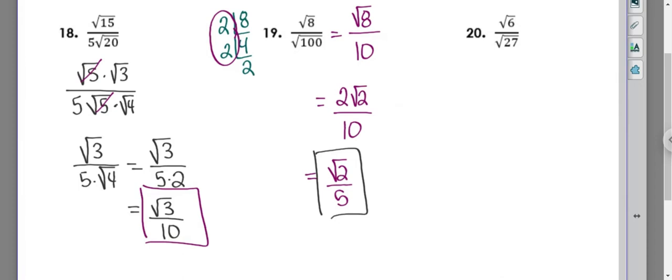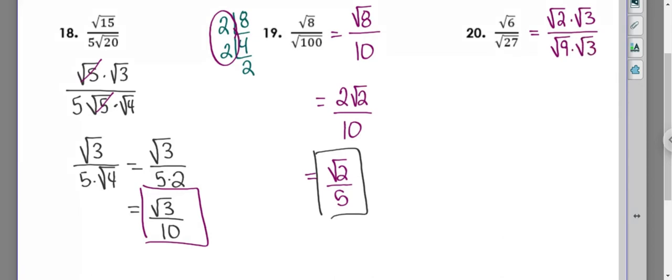All right, so looking at number 20, I have the square root of 6 over the square root of 27. Do 6 and 27 share any common factors? 3. So that would be the square root of 2 times the square root of 3. And that'll be the square root of 9 times the square root of 3.